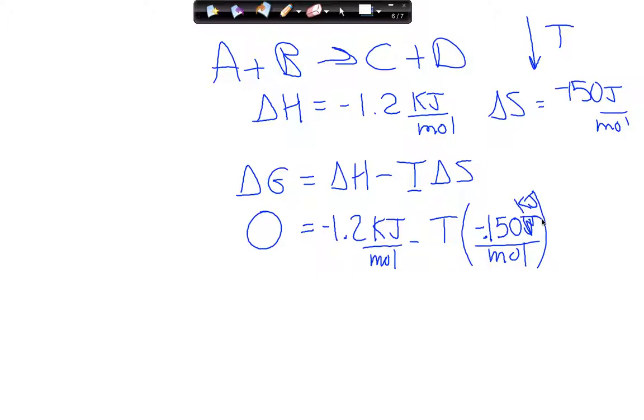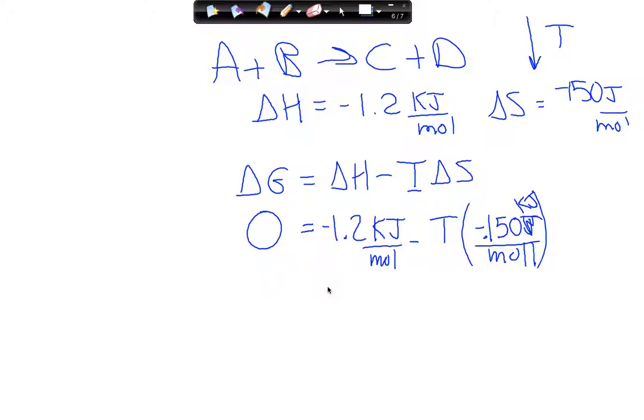Oh, you know what? That Kelvin actually does need to be there, or else we won't end up with Kelvin as our units in our answer, but we're okay. So now, guys, we got to do the math. So the negative comes over, we get negative 1.2 is equal to, oh no, that's positive. Sorry, you're adding it. I was like, whoa, the units don't work.